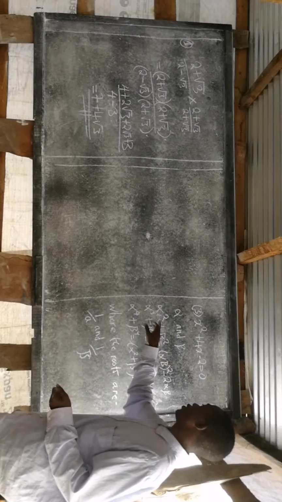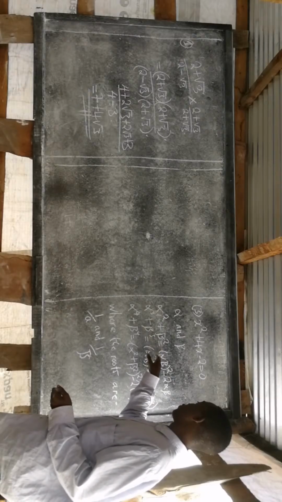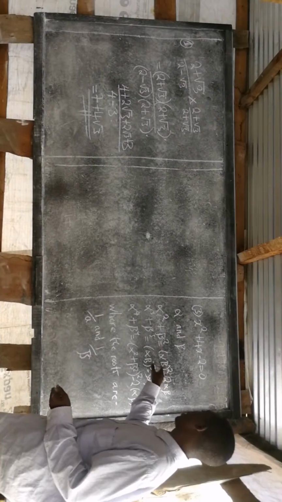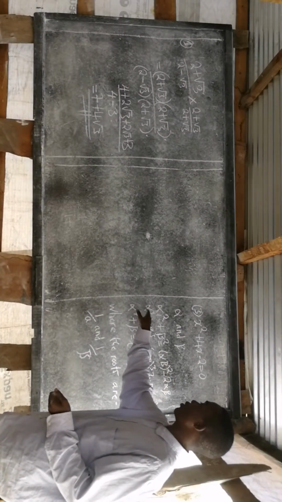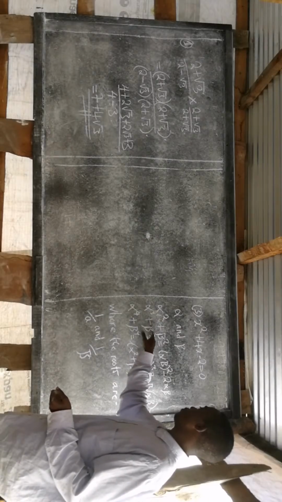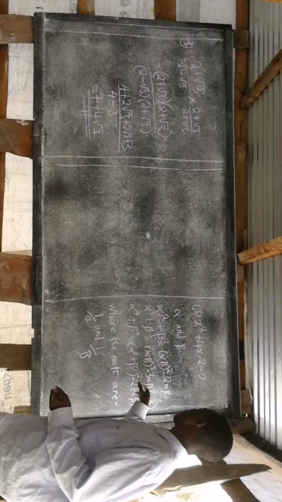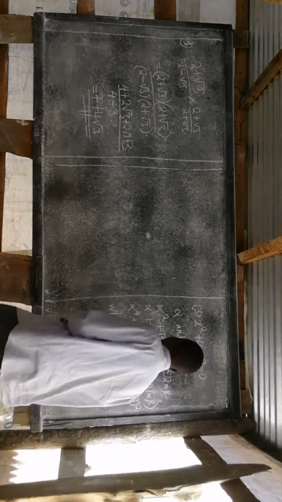So if they have given you alpha squared plus beta squared, you just need to know that this is equal to alpha plus beta, squared, minus 2 alpha beta. If they have given you alpha cubed plus beta cubed, it is equal to alpha plus beta cubed minus 3 alpha beta times alpha plus beta.